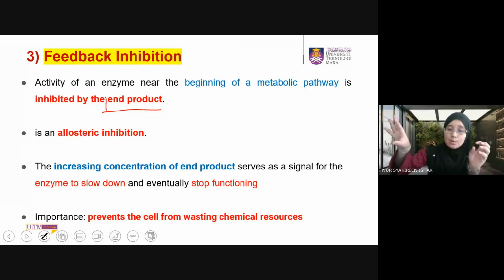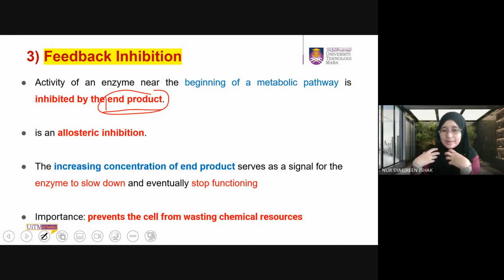Once the end product has been produced, there will be an accumulation of the end product. So you do not want the cell to overproduce that end product. At one point, you have to stop the production of the end product for a while to let the cell use that end product.